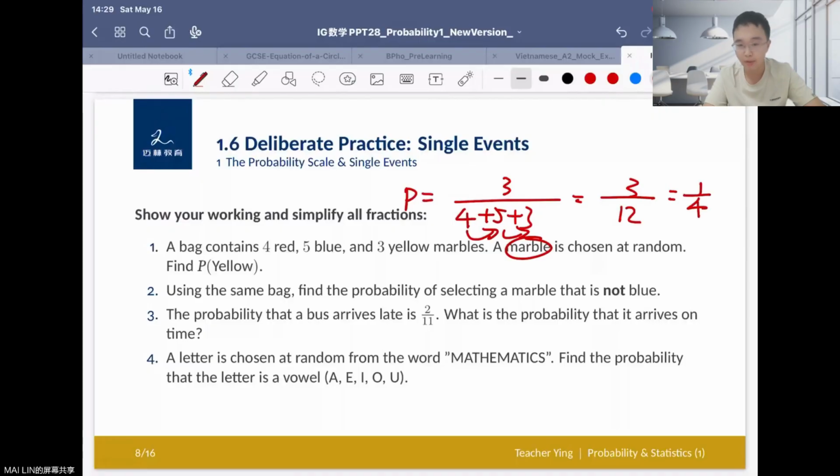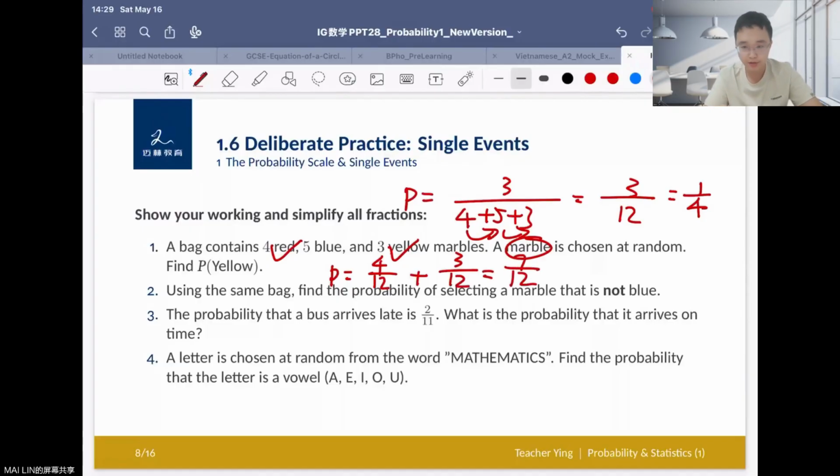The second problem: using the same bag, find the probability of selecting a marble that is not blue. We have 4 red, 5 blue, and 3 yellow, so not blue means red or yellow. For red, the probability is 4/12, and for yellow it is 3/12, so the total probability is 7/12.